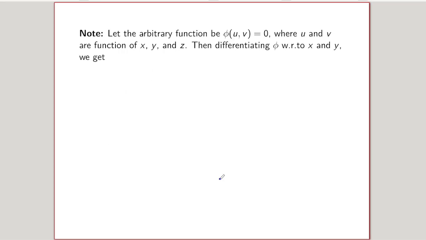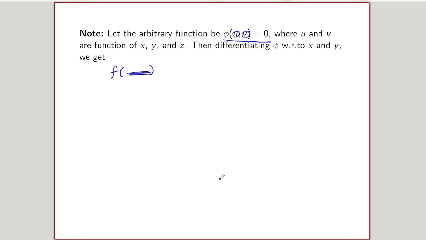Here the arbitrary function is taken as phi of u comma v is equal to 0. Already we have seen how to form a PDE by eliminating a function f or some other function g and phi, but usually inside the bracket there will be only one function or only one term. But note that here two terms are there, u and v.